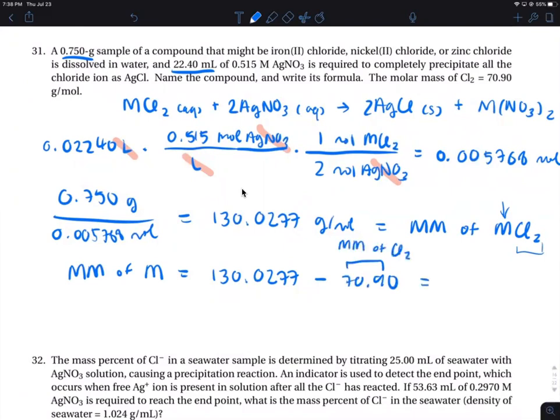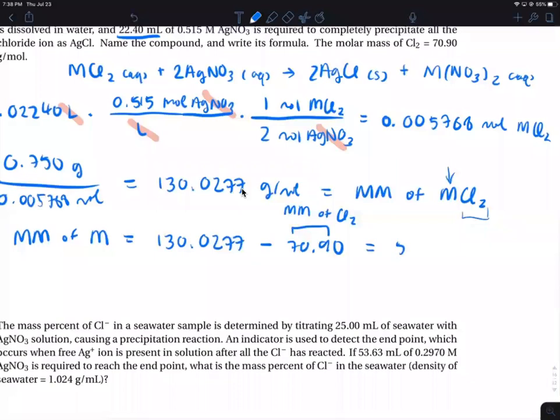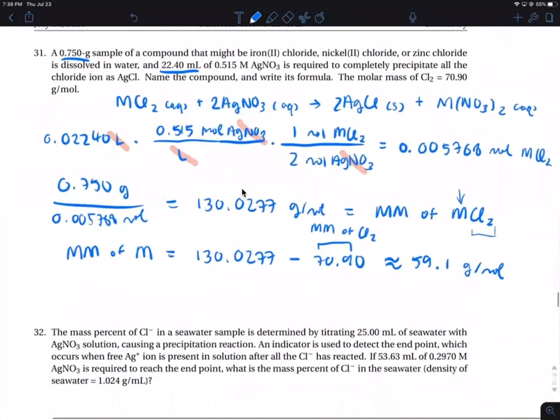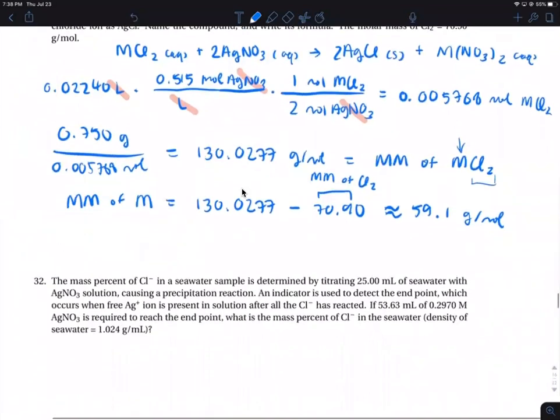So that's going to give us around 59.1 if we round to 3 sig figs. So that's closest to that of nickel. This molar mass is closest to that of nickel, so the compound is NiCl2.